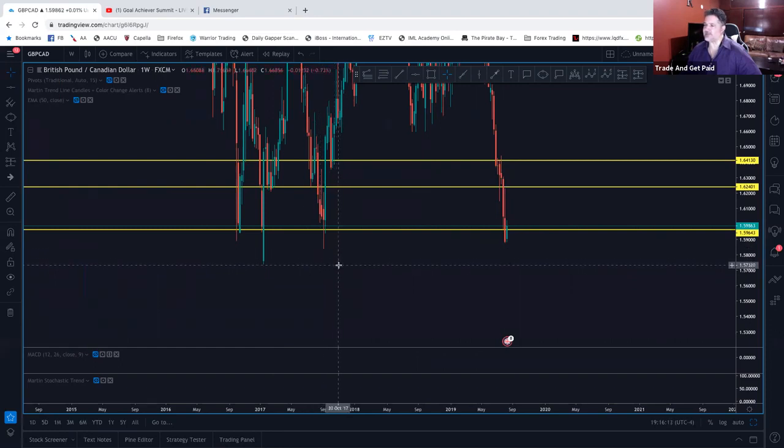But that's hundreds of pips from where it is right now. Let's pull it up. Here's a ruler. Go there. That's 239 pips. So there's plenty of room. If it breaks and it just goes to this zone over here, that's 56 pips. If it breaks and it continues down, that's 123 pips.